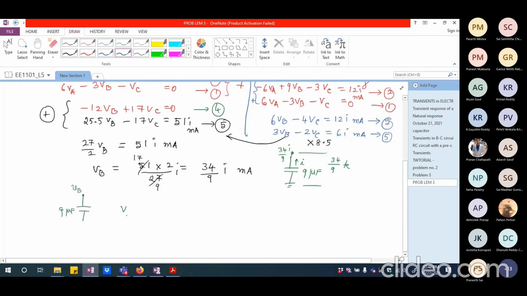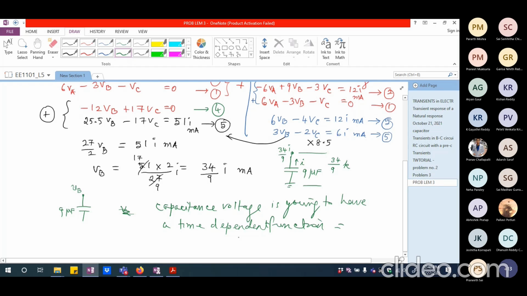Okay, so if I try to look at what is VC, or I should say the capacitance voltage, it is going to decay, it is going to have a time dependent function, which is actually going to be whatever is the initial voltage multiplied by e power minus t by tau.